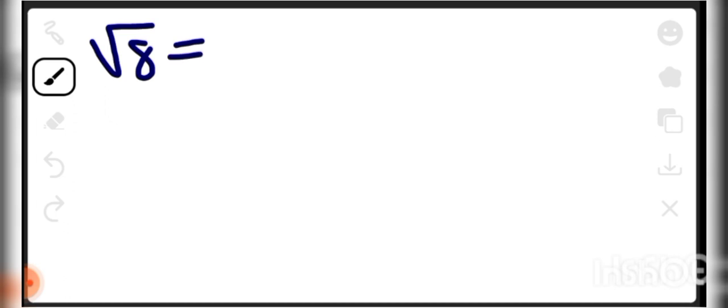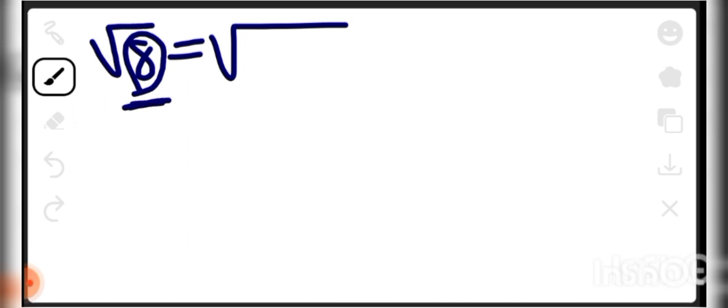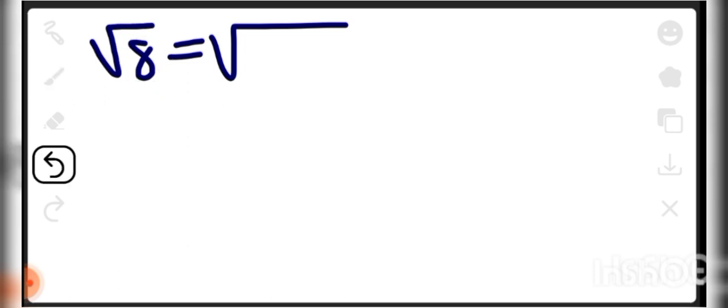If you have to simplify a surd, you check the number inside the square root. Then you look for two numbers to multiply to give that number, where one of the numbers must be a perfect square. That's how to simplify a surd.